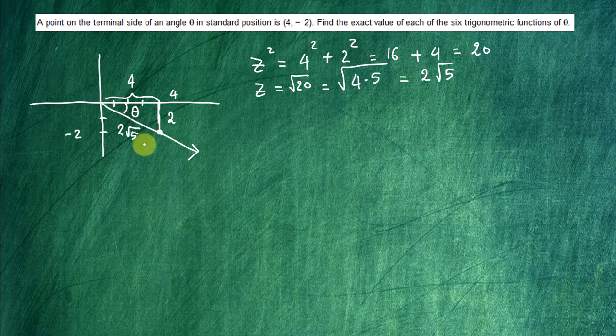Okay, we are ready to find the first trigonometric value, which is the sine of theta. Remember, this horizontal is the sine axis, okay? The vertical, the y, is the cosine.